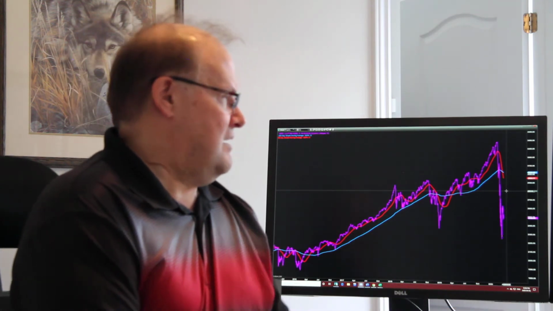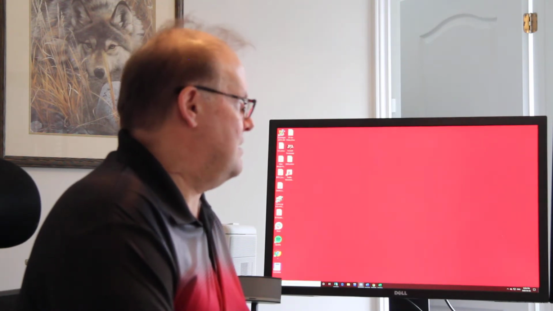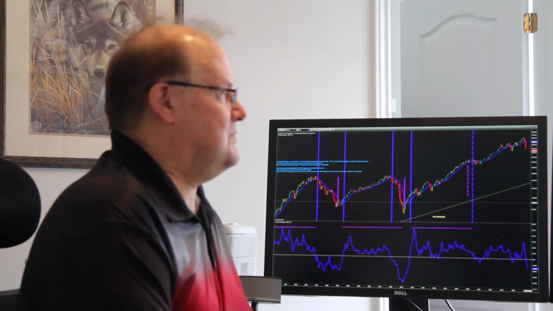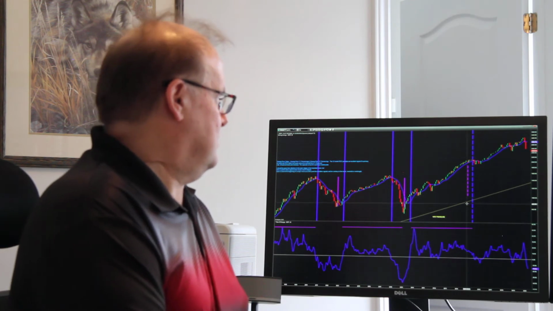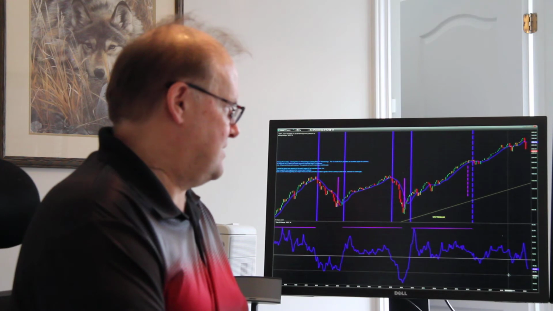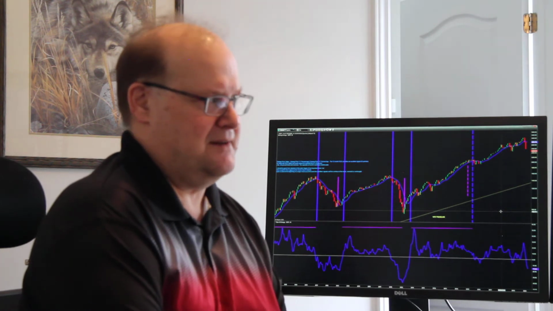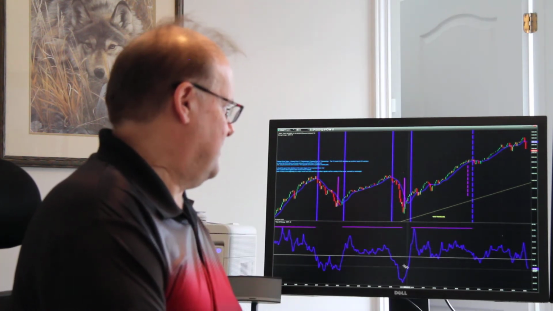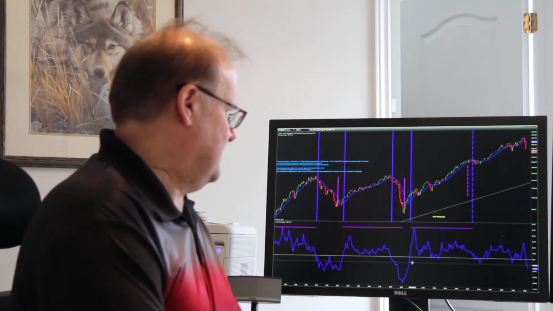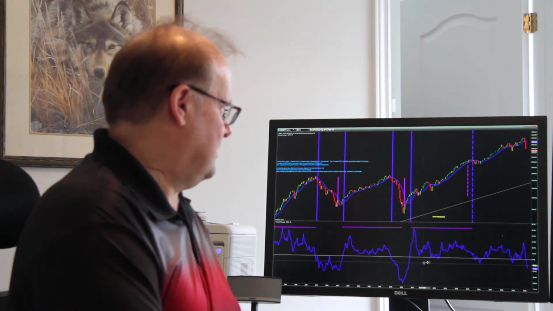So, let me pull it up. It didn't come up. Well, there it is. This very simple oscillator has worked for decades, and again, it can give you a couple of false signals, but it hasn't given a full sell signal this whole 11 years.